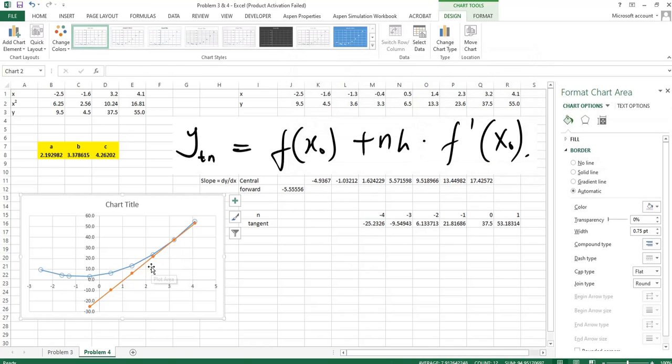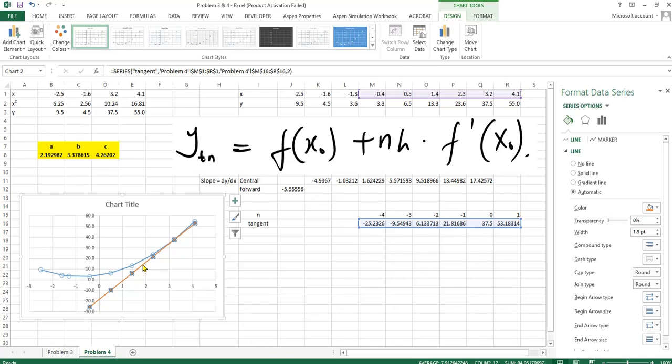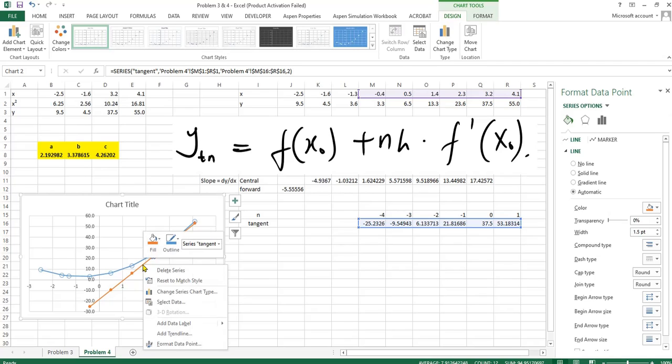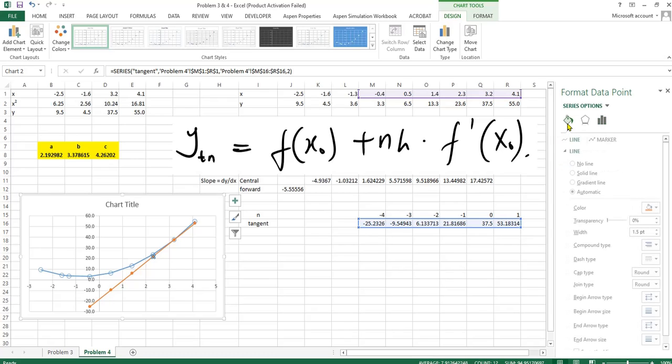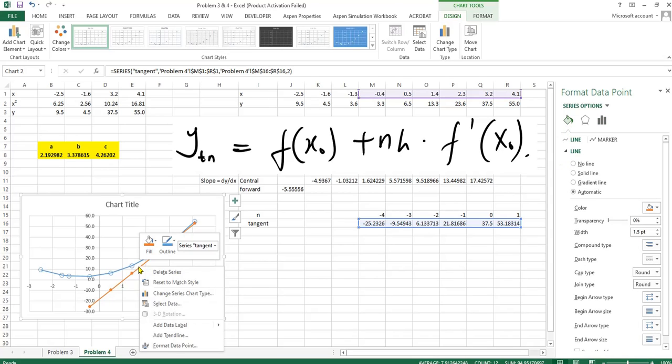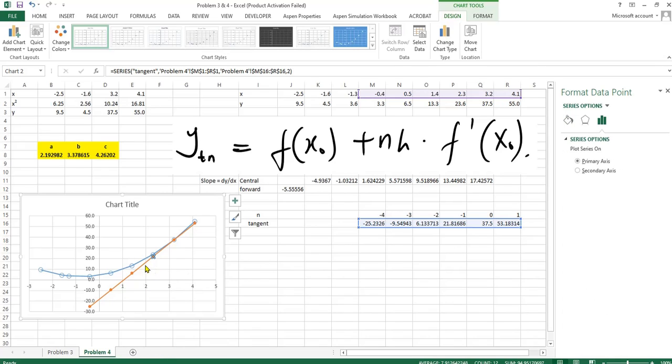Now this is the tangent. I'll select this tangent. I haven't selected it. I will say right click. Okay, let me show it again. So right click, format data points. Oh, this is just only one data point.